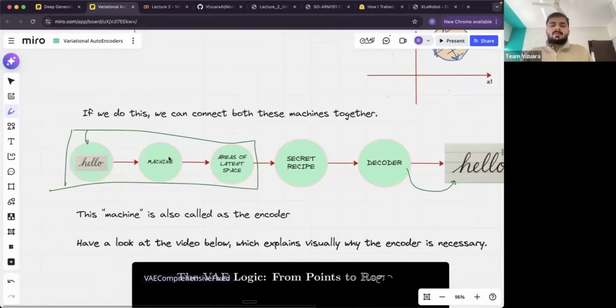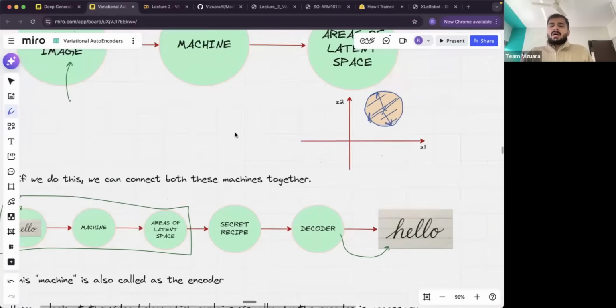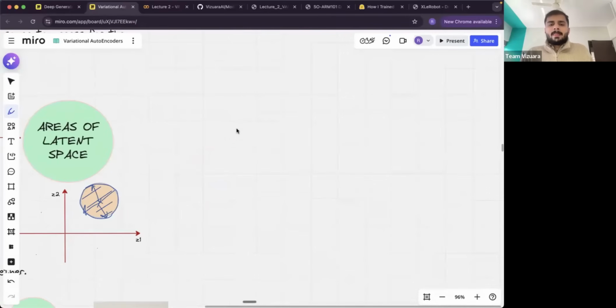So this initial machine which does that is called the encoder. Now our understanding so far is that we take an input image X, we pass it through an encoder, we get a latent representation Z, we pass it through a decoder, and we get the input image back.